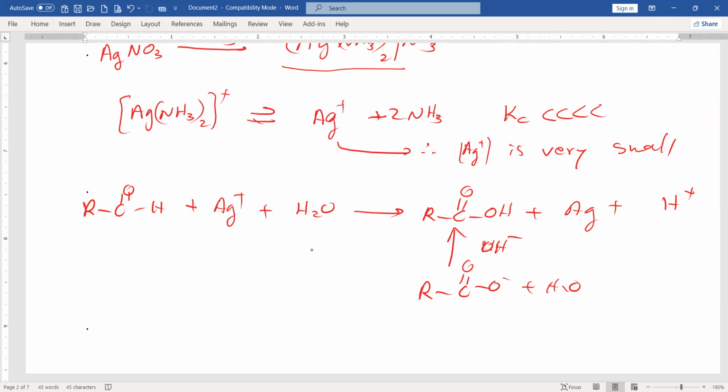We are adding ammoniacal AgNO3, so basic and Ag. Why do we use this ammonia complex? Because of the very low concentration of Ag plus, this reaction takes place very slowly. Therefore, the silver will be deposited on the wall very slowly, and only then does it give us a nice mirror. Otherwise, it will be black.